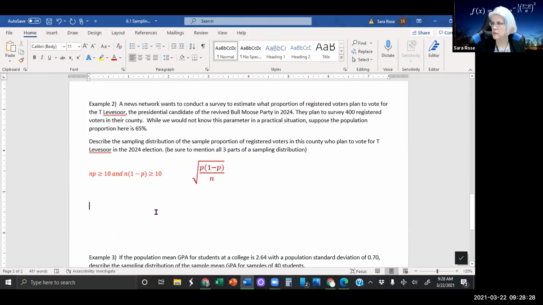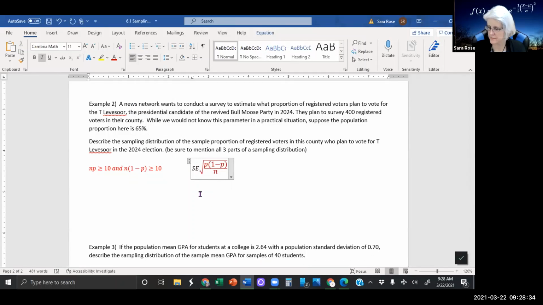Okay, so we can use this formula, and I should have put what it's a formula for: standard error. We can only use this formula if we have this situation. And that's what I wanted to show you.